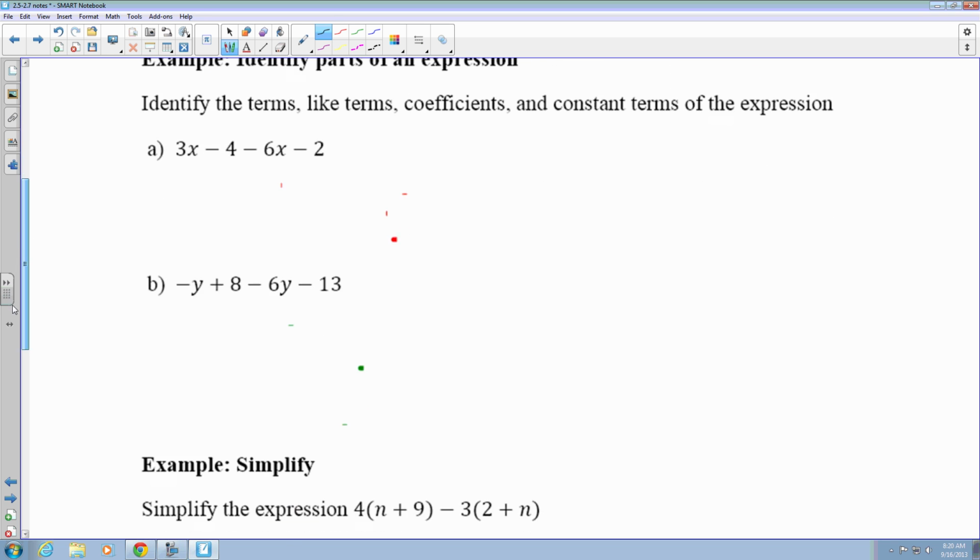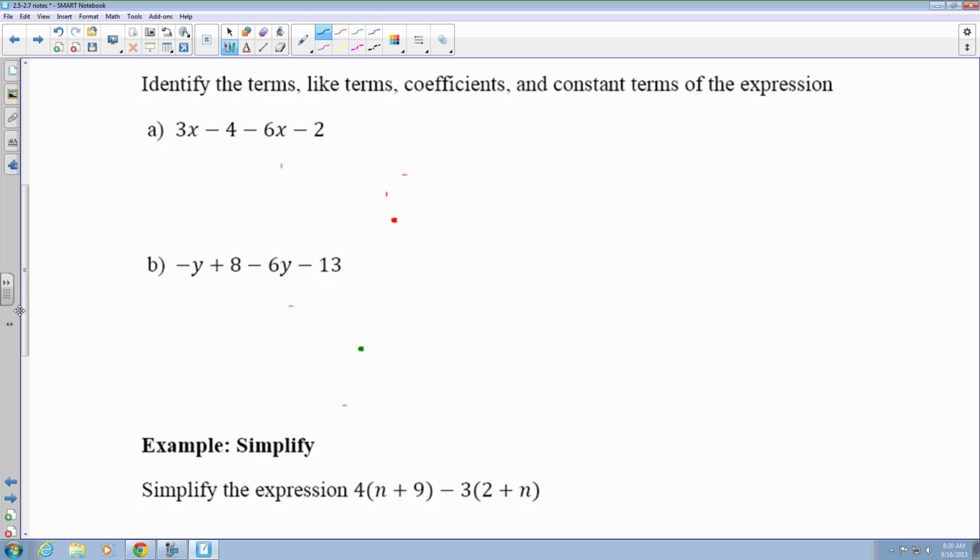Okay, so now we're going to identify the terms, like terms, coefficients, and constant terms. The terms are each individual item in this expression. So 3x, negative 4, negative 6x, and negative 2.